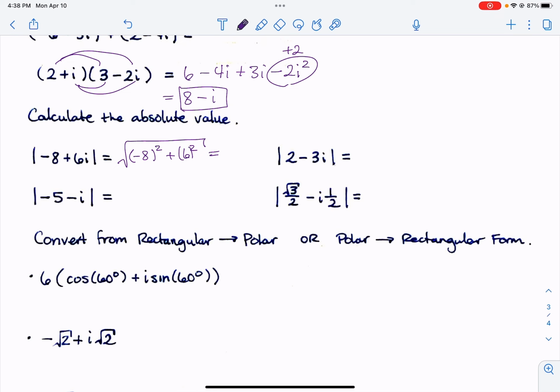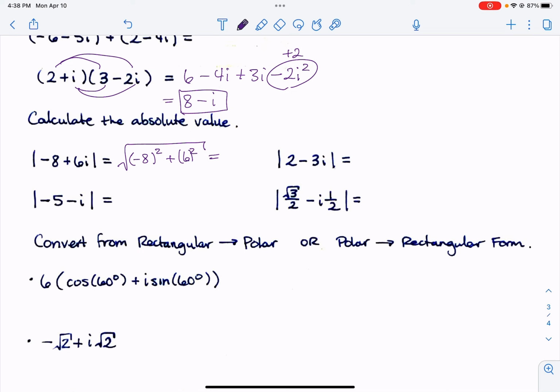The component is just the number in front. That's going to give us, looks like 64 plus 36. That's 100. And we're taking the square root of that. So it's going to be 10. So the absolute value was exactly 10. And you might notice it's kind of similar to a 3, 4, 5 triangle, except we have 6, 8, and 10. Right? So it's basically a 3, 4, 5 triangle scaled by 2. Let me do this bottom right one.